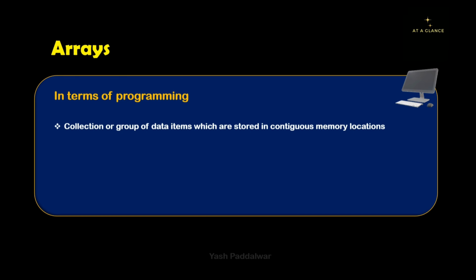Secondly, an array is a linear data structure. Linear in the sense that we can store all the elements in a single sequential pattern. This helps us traverse through it in a single run.